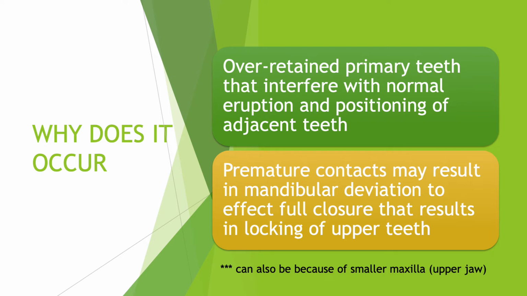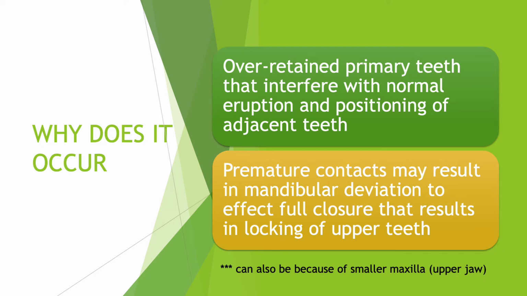The second problem can be premature contacts. The situation of crossbite that I showed you can happen because of the misplacement of teeth, or it can also happen because there is some premature contact, some hitting of the upper and lower teeth while the child is trying to close his mouth.